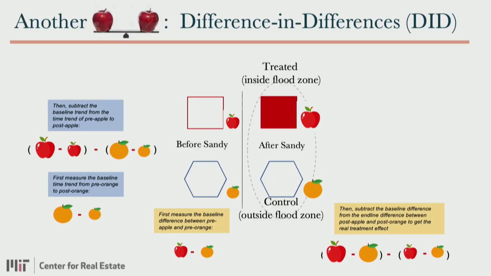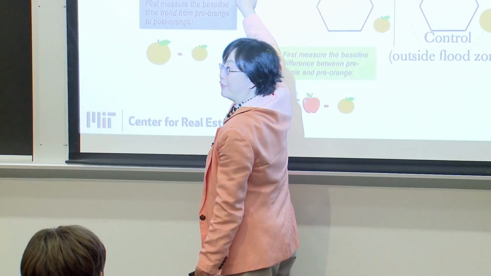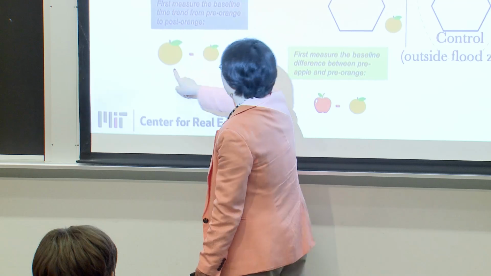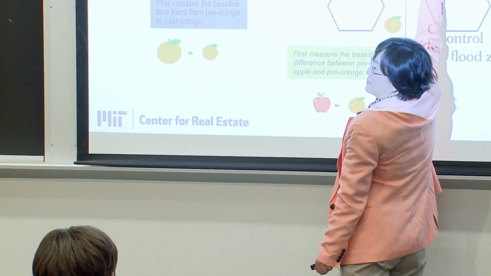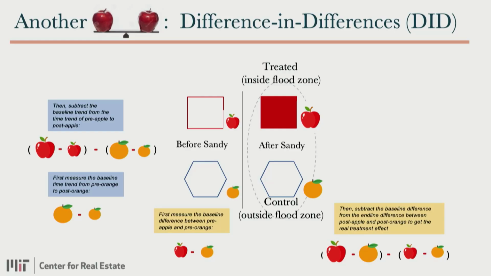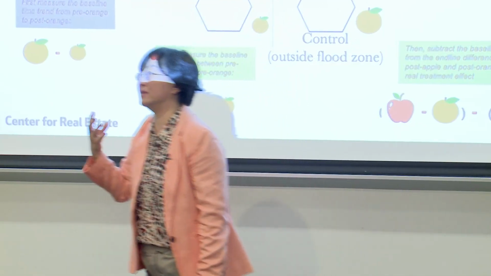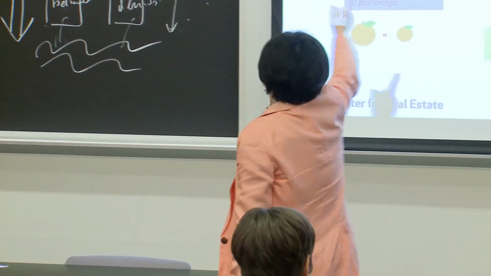So actually, we are using this orange natural growth to infer for this treatment group, if the hurricane hadn't happened, what would have been? That's a counterfactual. We cannot know. Nobody can know because it already happened.